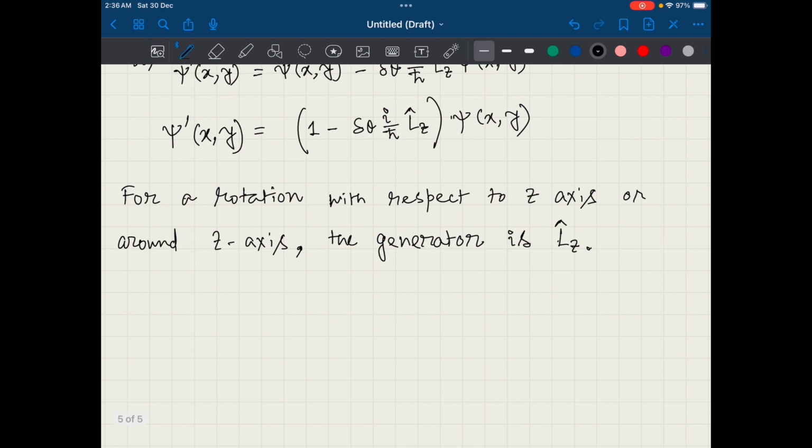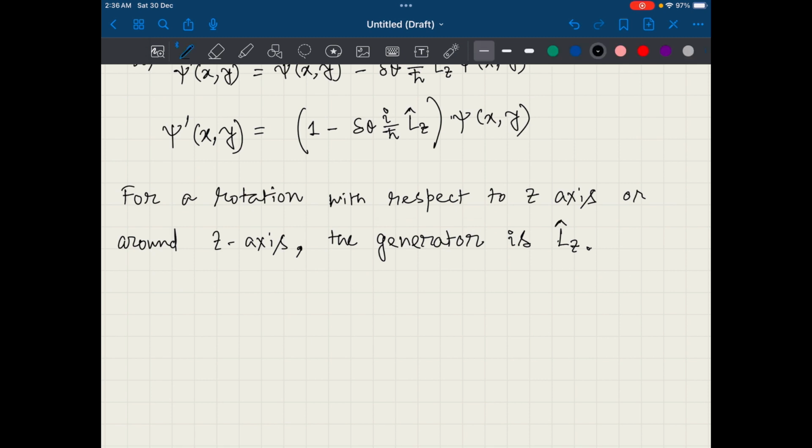Therefore, now note the generator term. So this is a generator. It is actually called generator in the terminology of Lie group.